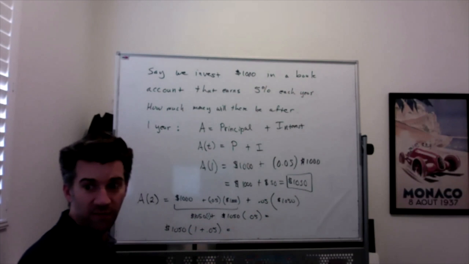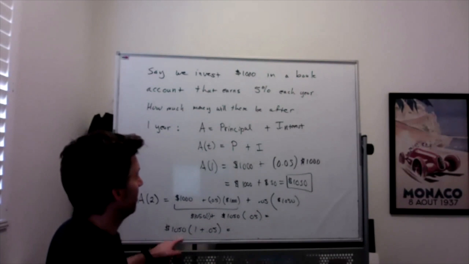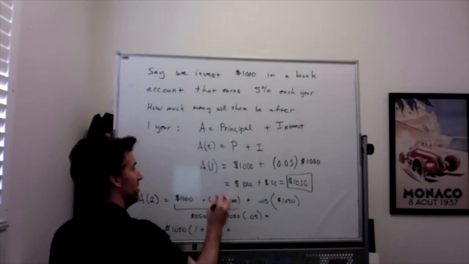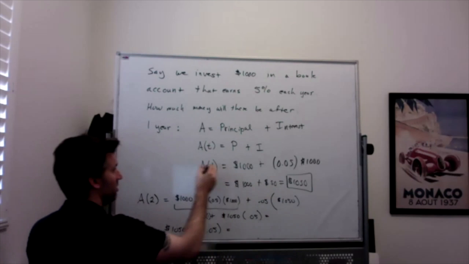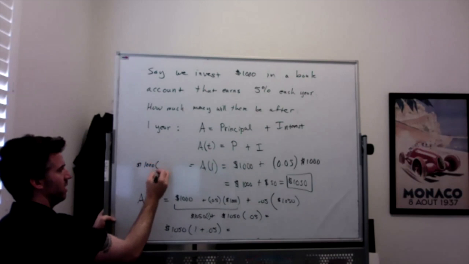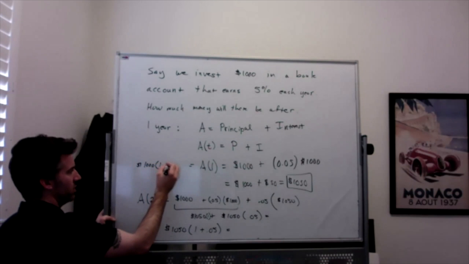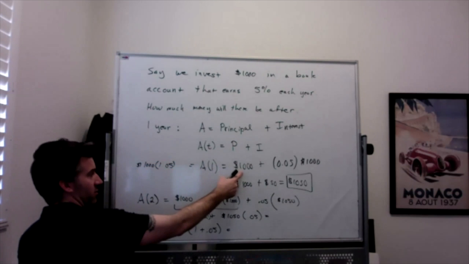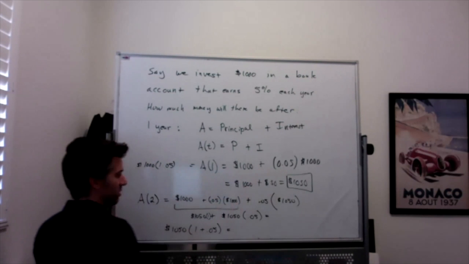But 1,050 is really 1,000 times 1.05, right? If I factor out 1,000, I'm left with a 1; factor out 1,000, left with 0.05.